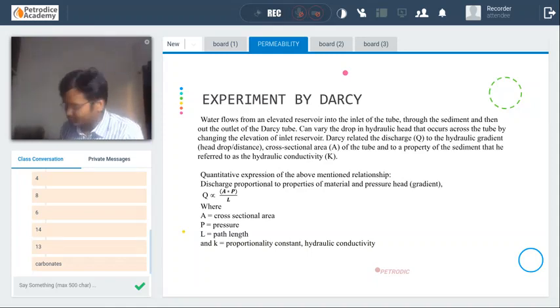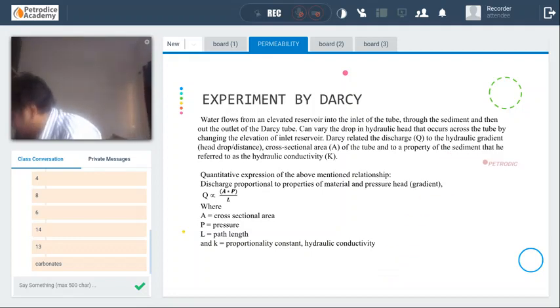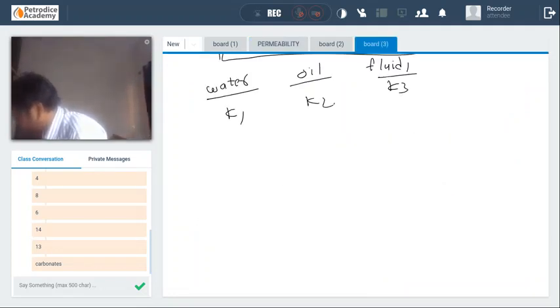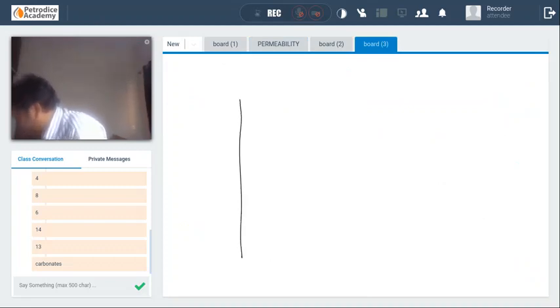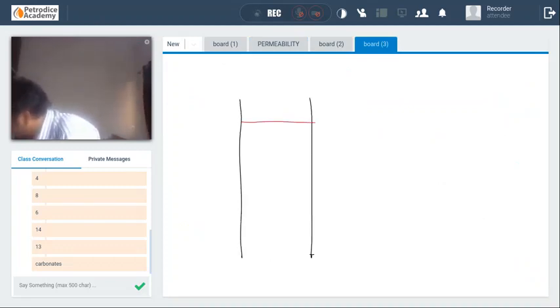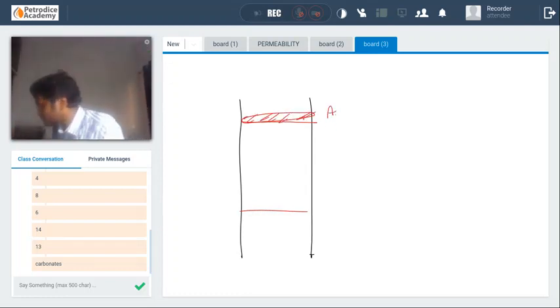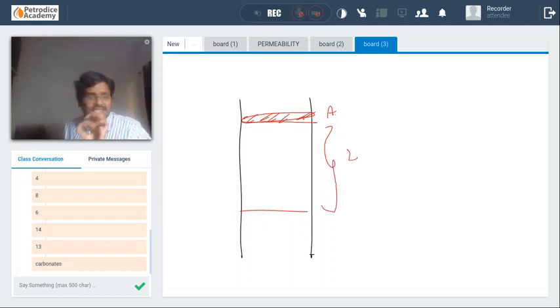So first write down this one, guys. Based on a particular experiment, he is pouring water into the sand filters. Consider this is the cylinder, this is the sand filter, and A is the area of the sand filter, L is the length of the sand filter.